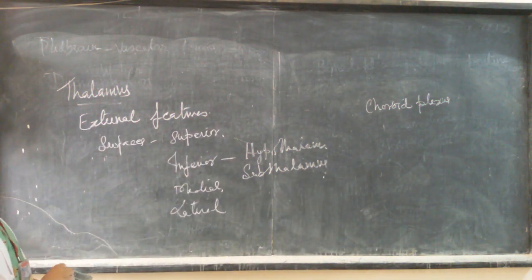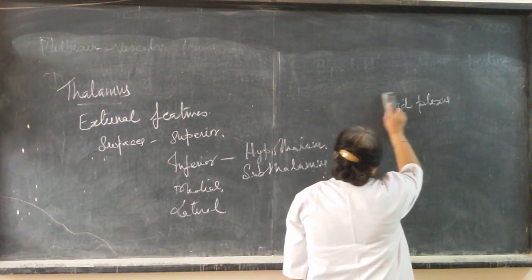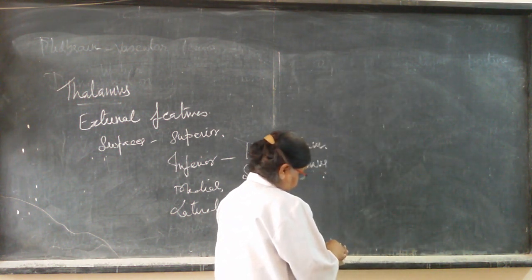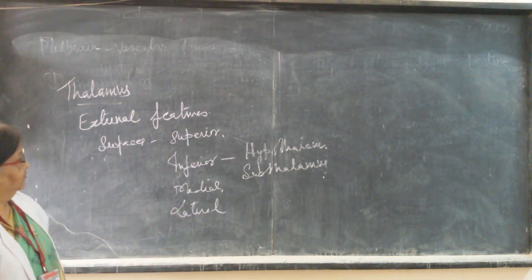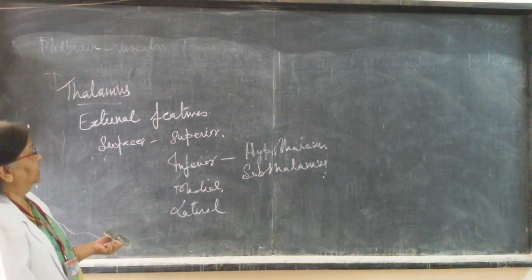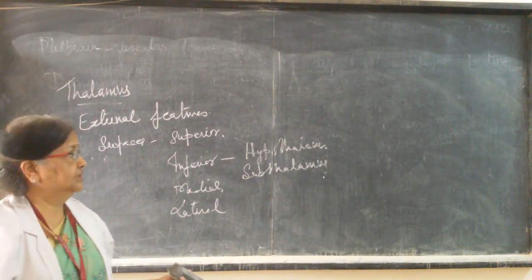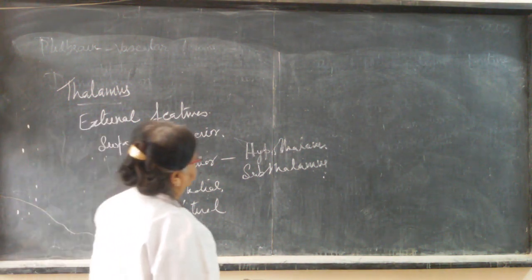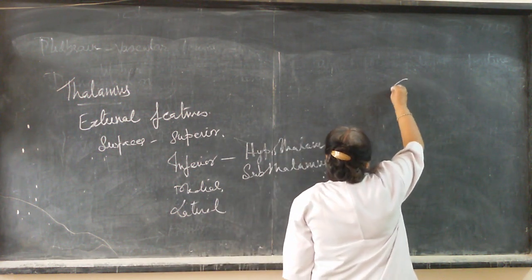The medial surface is covered by pia mater, and this forms the lateral boundary of the third ventricle, and this is separated from the hypothalamus by the hypothalamic sulcus, which extends from the interventricular foramen of Monro to the cerebral aqueduct.